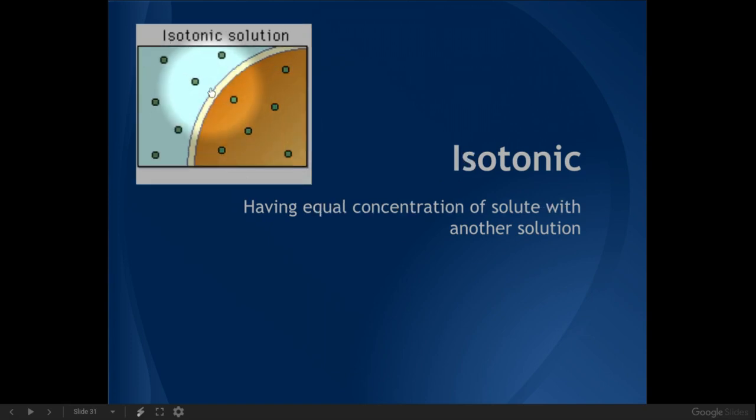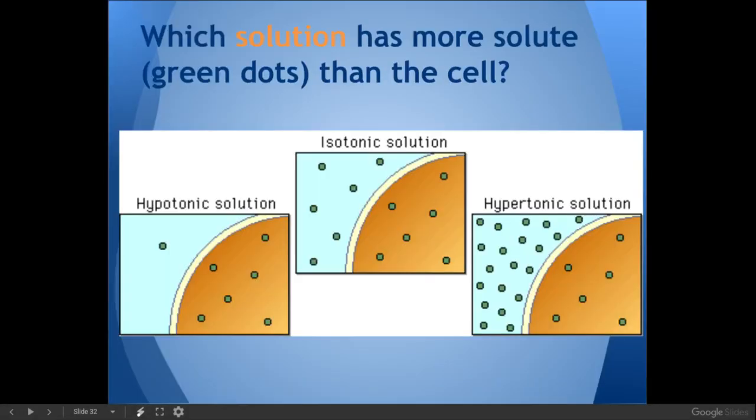And obviously, in an isotonic solution, it's equal, so the cell is isotonic to the solution, and the solution is isotonic to the cell. So here's a question. Which solution of these three has more solutes, the green dots, than the cell?